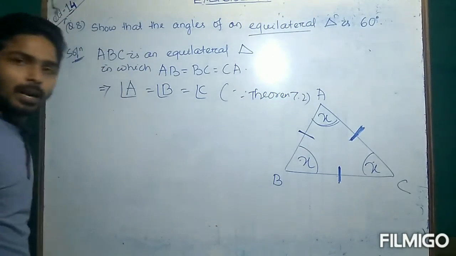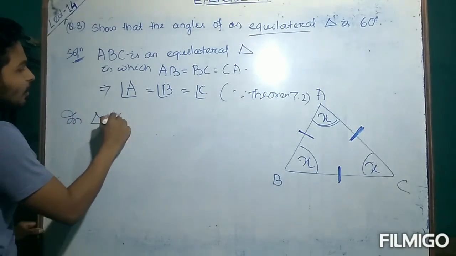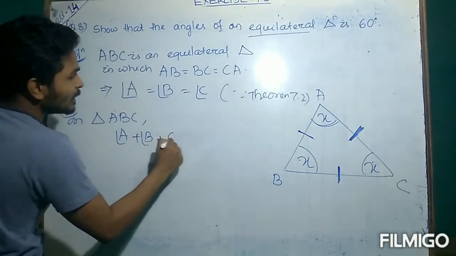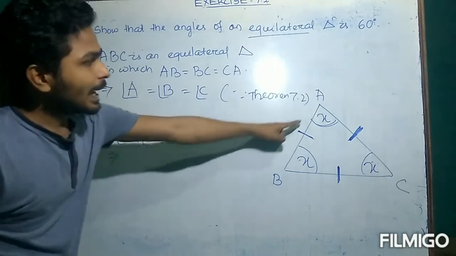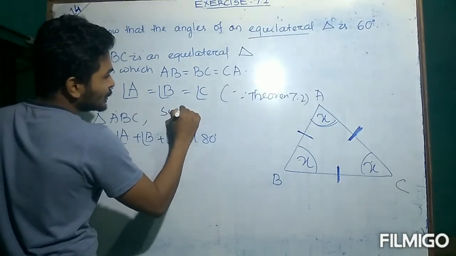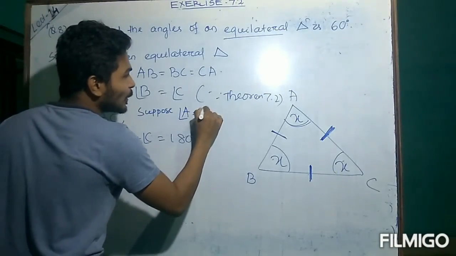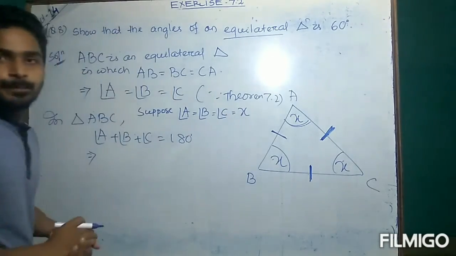Understood? Now, in triangle ABC, all the three angles are added to give how much? A plus B plus C is how much? Is 180 degree. This is clear? We have taken A as x. Here you have to write, suppose angle A is equal to angle B is equal to angle C is equal to x.